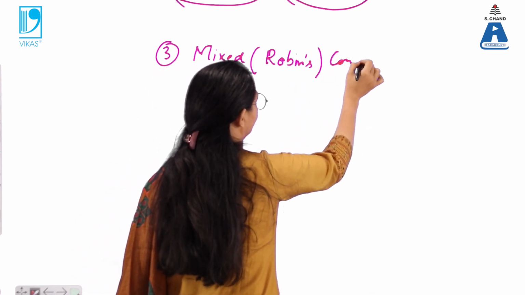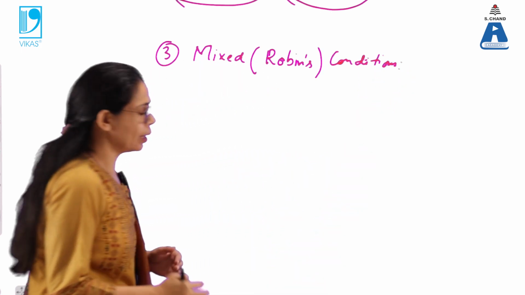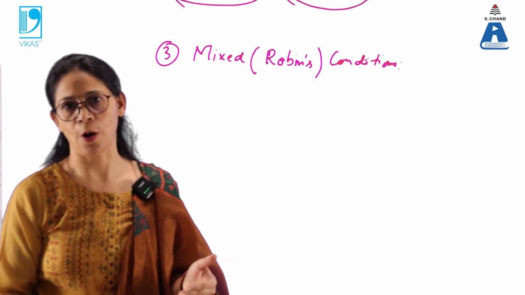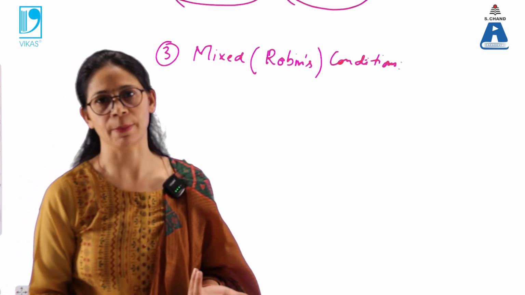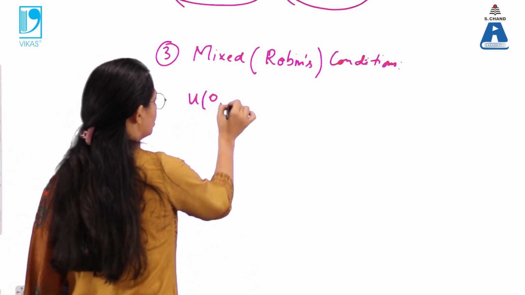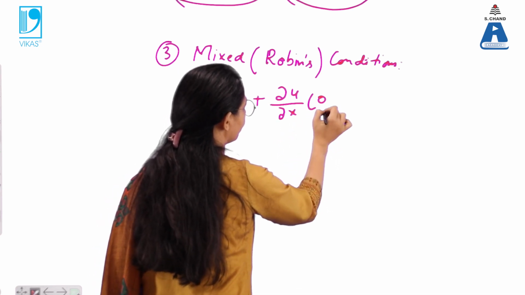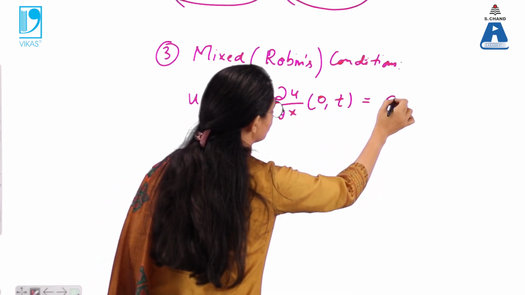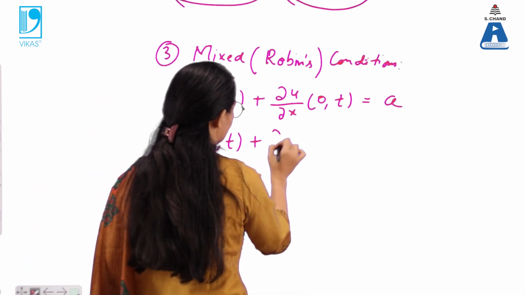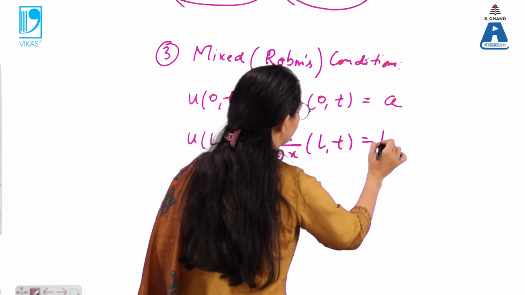Robin's conditions. If it is a combination of the Dirichlet condition and the von Neumann condition, then it is called the mixed type of boundary condition. So it can be given as u(0,t) plus del u by del x at (0,t) equals some a, and then u(L,t) plus del u by del x at (L,t) equals b.